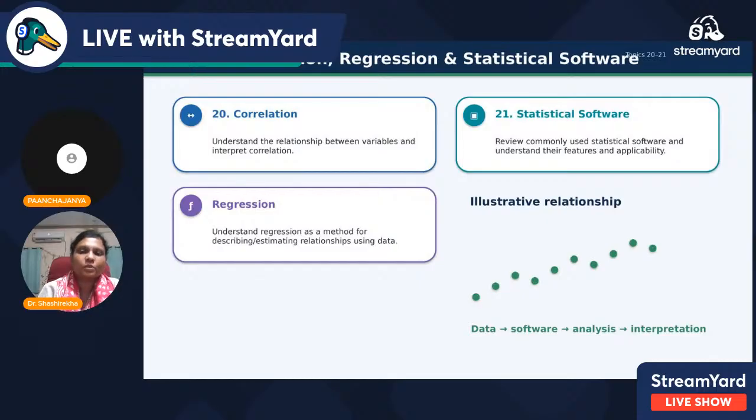We will be studying that in detail later on. If you give a set of data, you should be able to analyze it and give the result. You have to take the data, put it in the software, analyze it, and provide the interpretation related to that. These questions will usually come for MCQs.